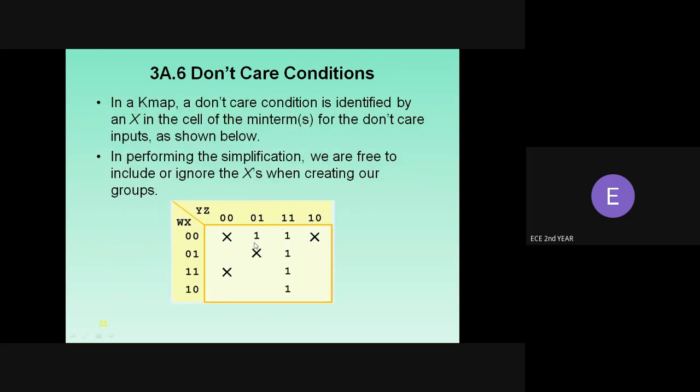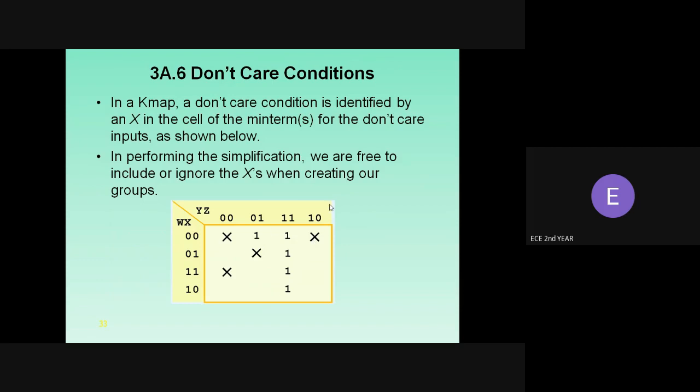So here for the Boolean expression, the terms that are present we can write as one, right? And some terms will be marked as cross. So these are the cases for which we cannot decide whether the output is 0 or 1, right?